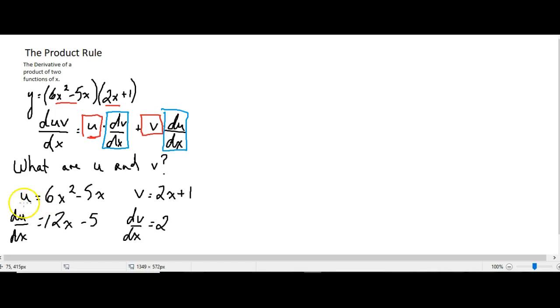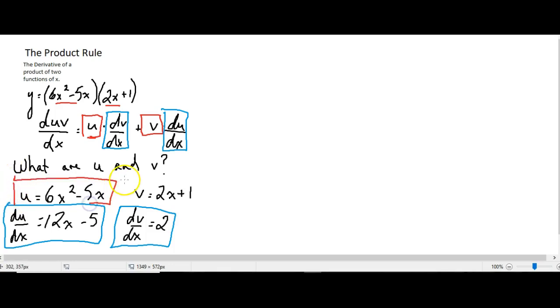So those exist down here and here, and the original u and v, which I did not put a box around yet, are right here and here.